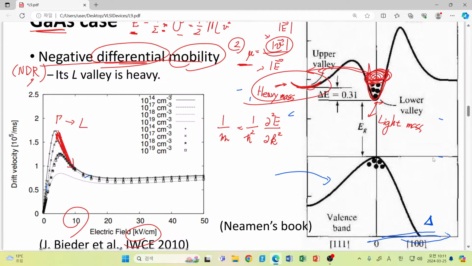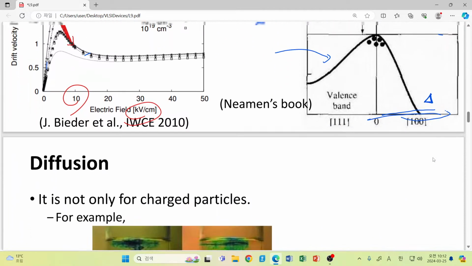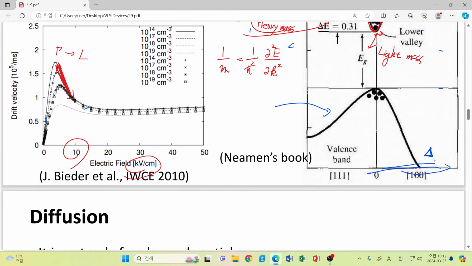Okay. So now I think we have covered the material about mobility. And please note once again, mobility is related to velocity, and the major driving force was the electric field. So we are always considering the case where we apply a certain electric field.